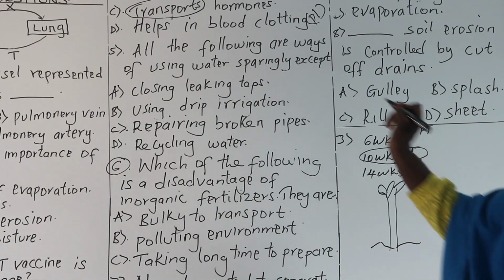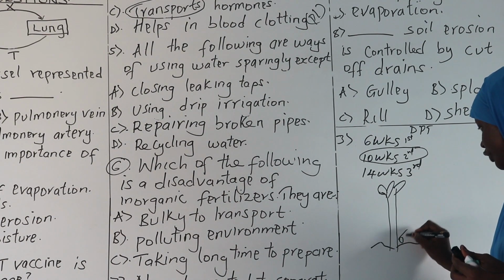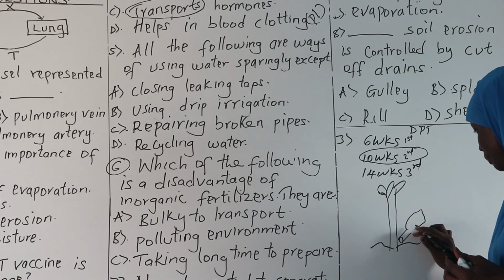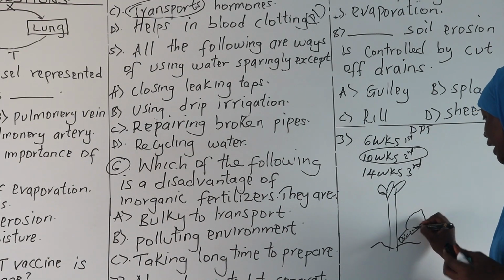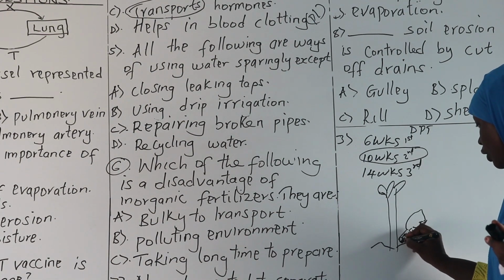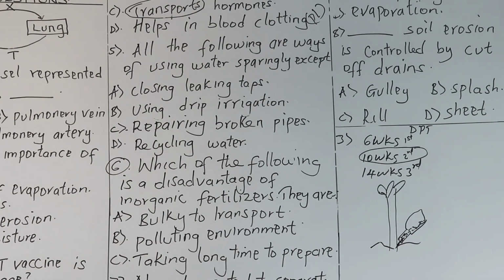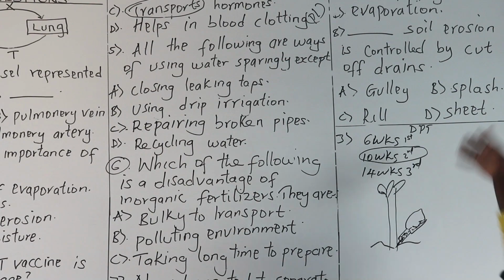So in this case, using drip irrigation, take a bottle, put water inside the bottle, put the bottle at the base of the roots. So water will be getting directly to the roots of the plant instead of being wasted. So using drip irrigation uses water sparingly, it does not waste.